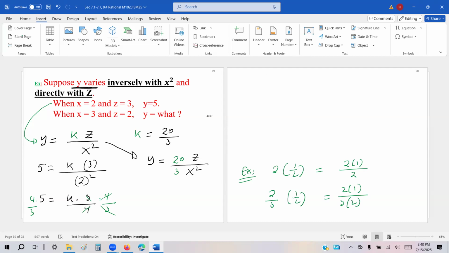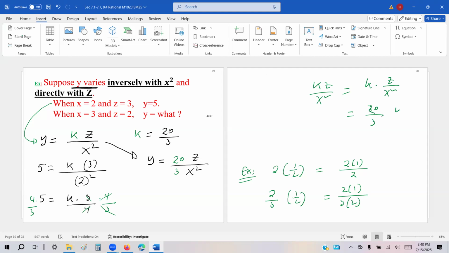You can use the same concept here. 20/3 is a fraction, you're multiplying. So we have k times z over x squared. This is the same as kz over x squared.